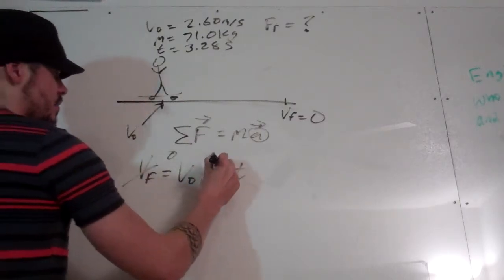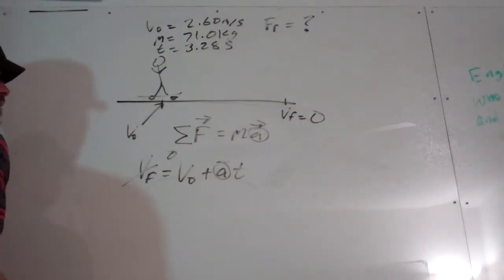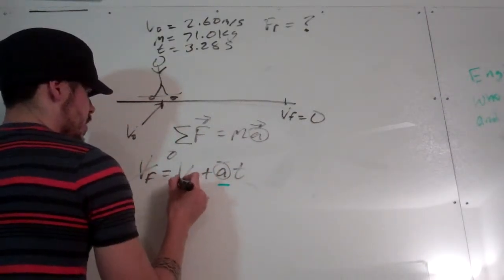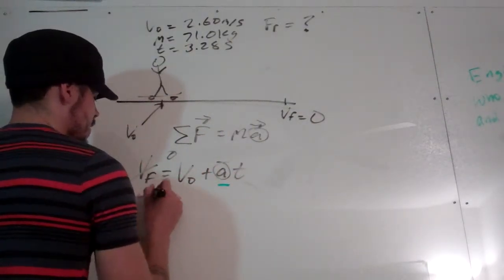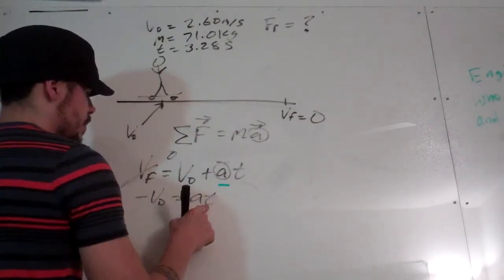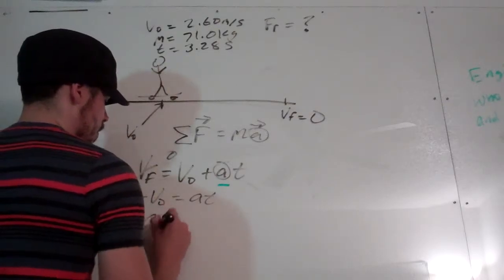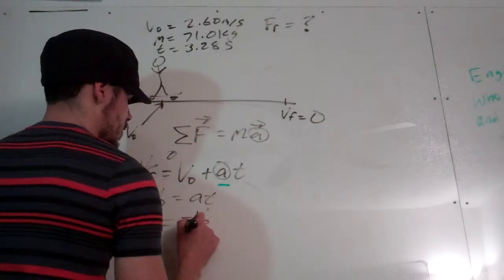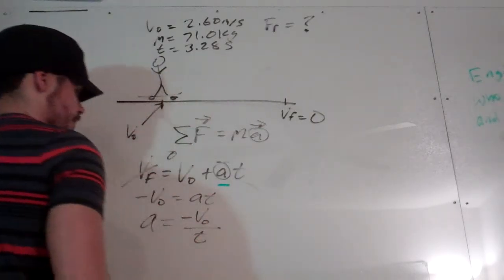So now we can just solve for this a right here. Let's subtract v naught from both sides, and then divide by t on both sides. So our acceleration is equal to negative v naught over t.